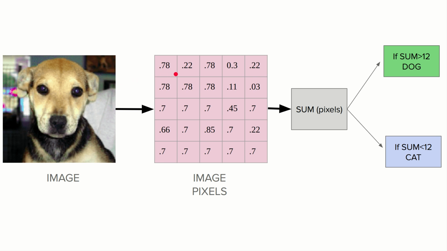A very simple algorithm that we can take here is to take the sum of the intensities, or the sum of all the pixels. Very simply, if the sum is greater than a certain threshold value, then we'll say that this image belongs to a dog. If the sum of pixels is less than the threshold value, we'll say that this image belongs to a cat. So this is a very simple algorithm.